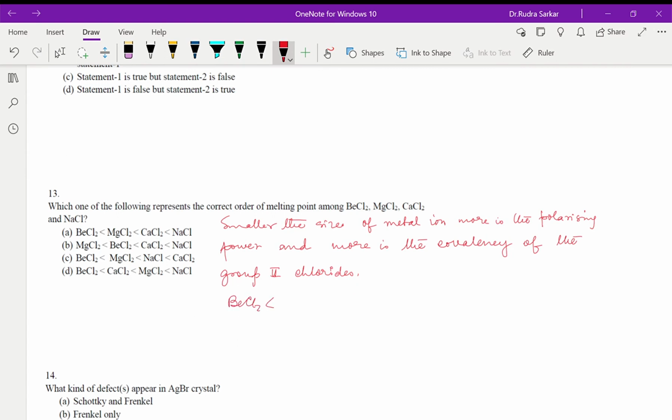BeCl2 is more covalent, then MgCl2, which is more covalent than CaCl2.